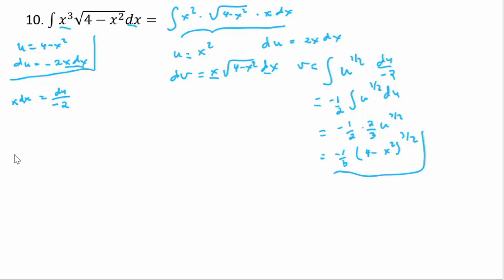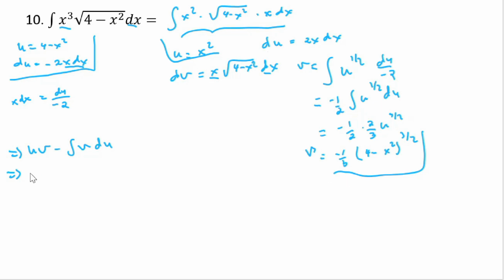Now, after that, we are now going to solve for uv minus the integral of v du. So by substitution, our u is this one. We have x squared times v is this one.